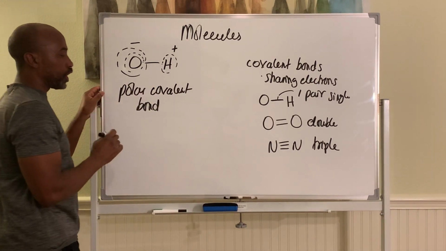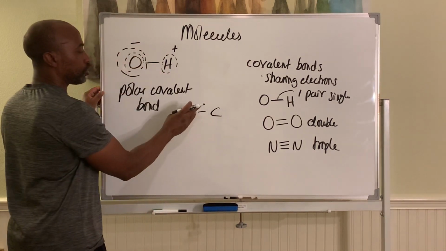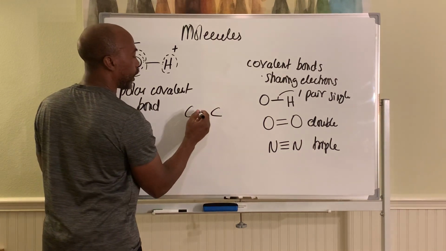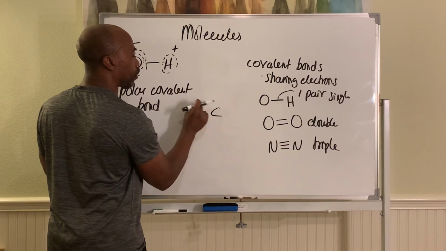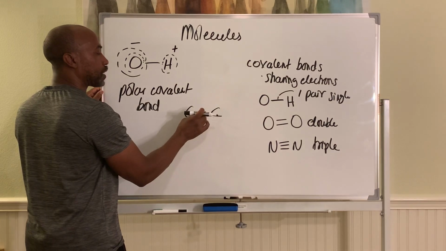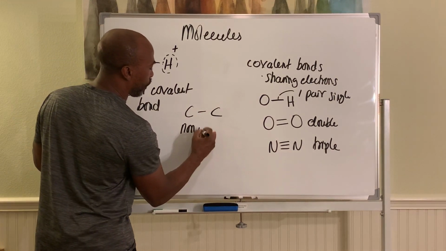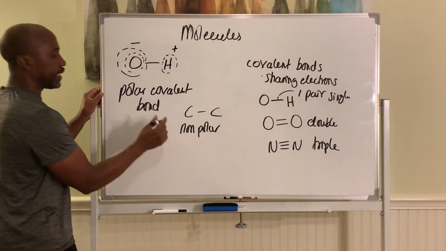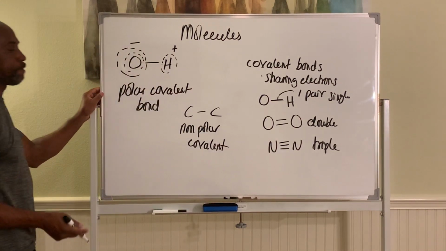If they were being equally shared, for example between carbon and carbon, which are the same identical atoms, they're shared equally. So there will be no different charge distribution across the bond. It spends equal time here and here. So these are called non-polar covalent bonds. You have polar covalent and non-polar covalent bonds.